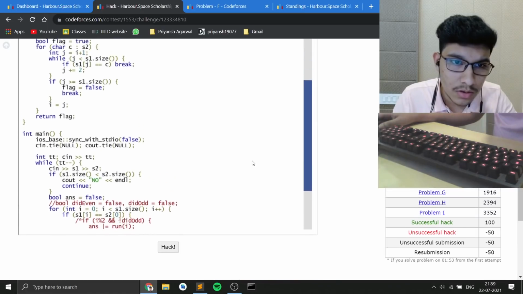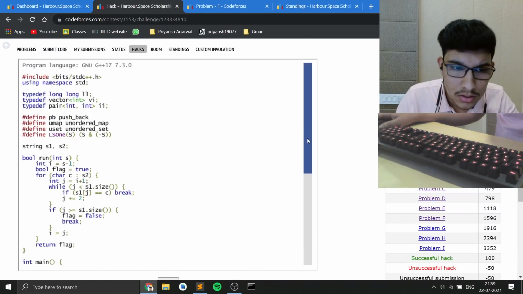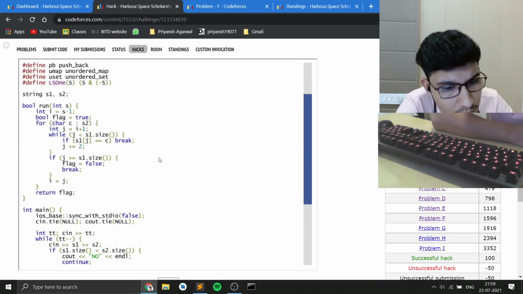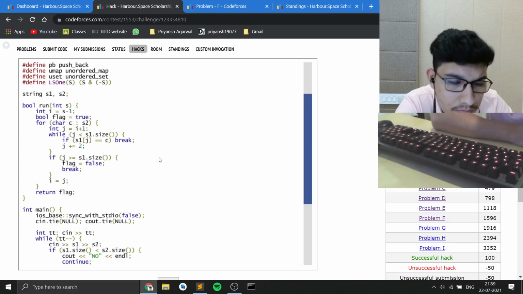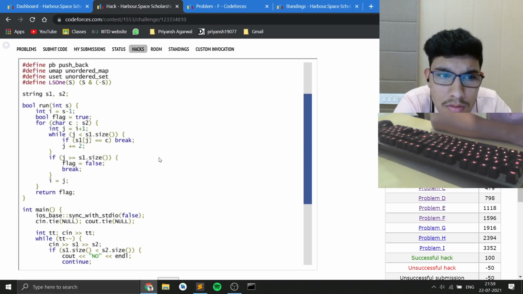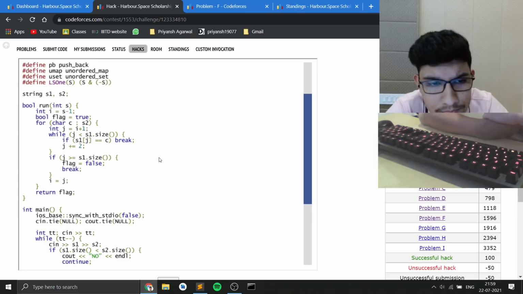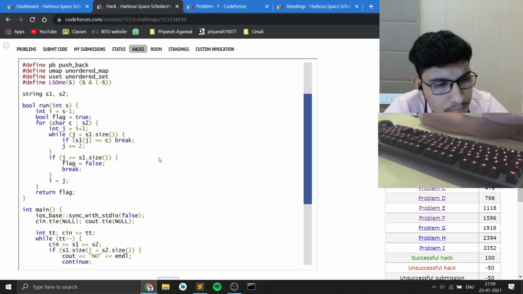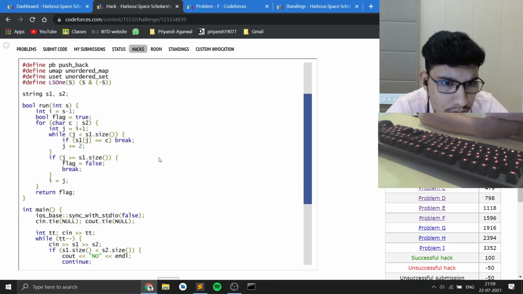Okay, so he's trying out all possibilities first of all. Then he does flag equals true. Int j equals i plus 1. If s1 at j equals C, break. Else you do j plus equals 2. If j is greater than or equal to s1 dot size, flag equals false, break.